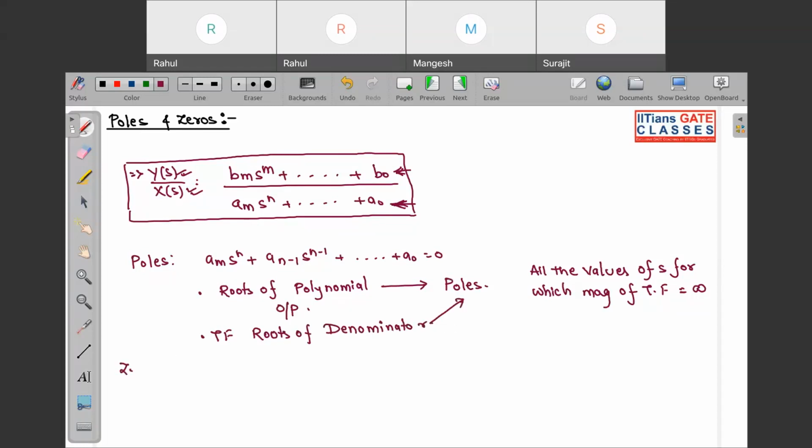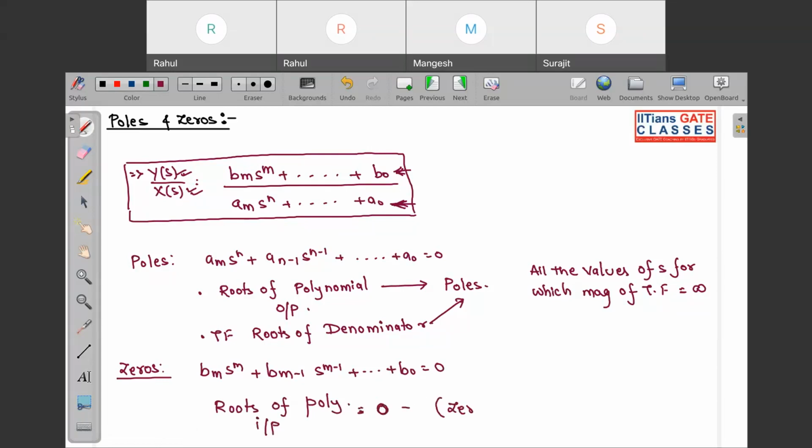And what are your zeros? Zeros are basically roots of the polynomial of your input differentials. When it is equated to 0, we get zeros.